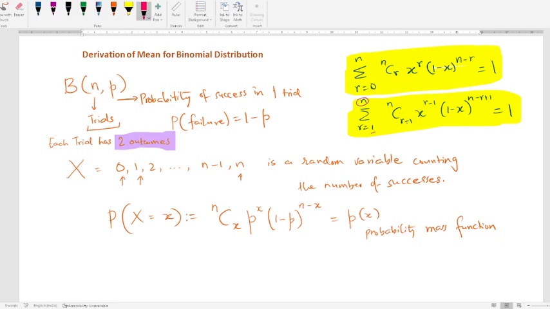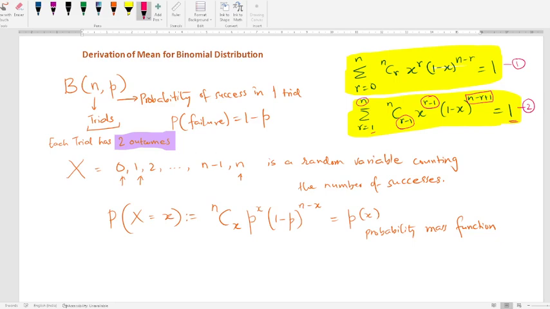Instead of nCr in the first equation, we are writing nC(r minus 1), and the power of x is also r minus 1. Of course, r minus 1 should add up with n minus r plus 1 to give n. These are a few changes, but we are still getting 1. Let's say that this is equation number 2. We'll be using equation number 1 and equation number 2 in this derivation.